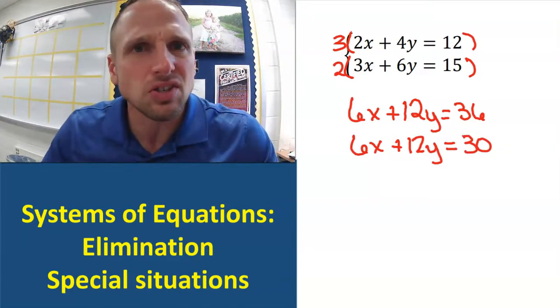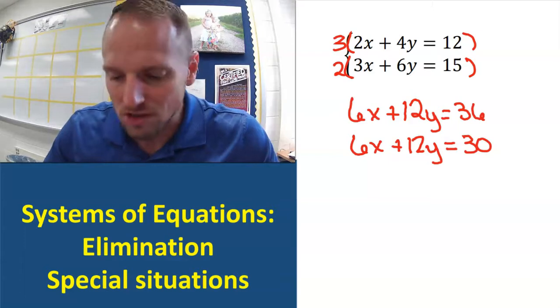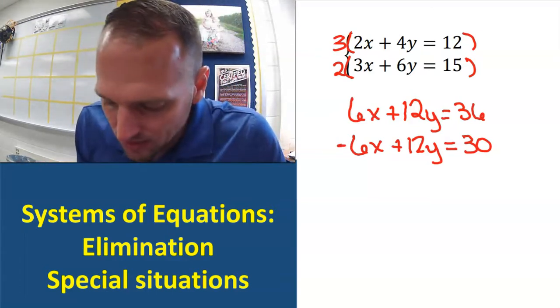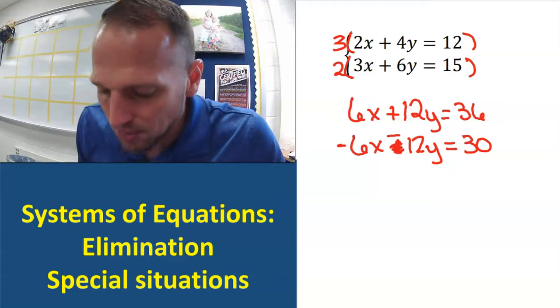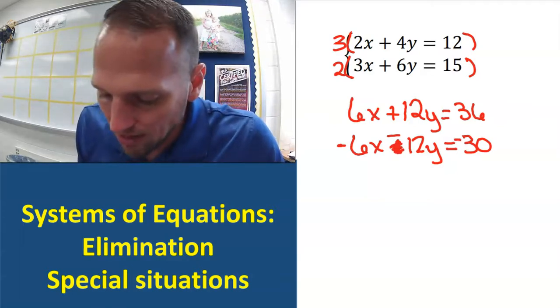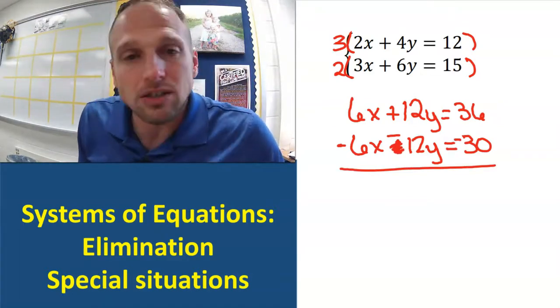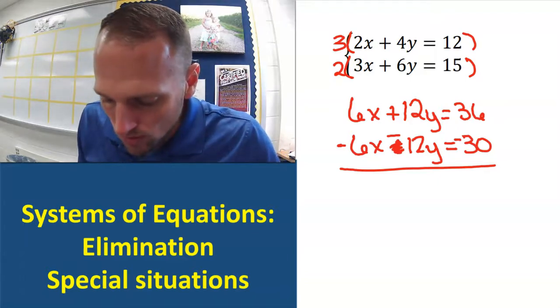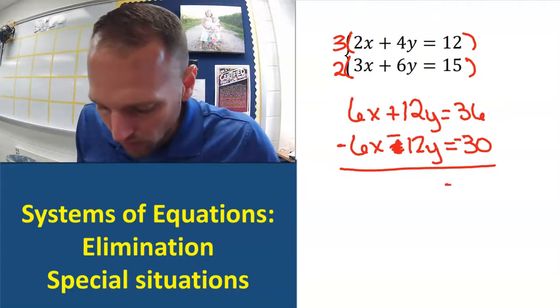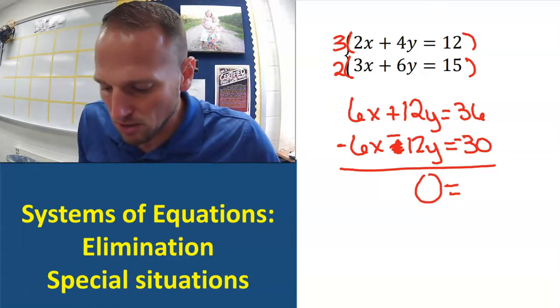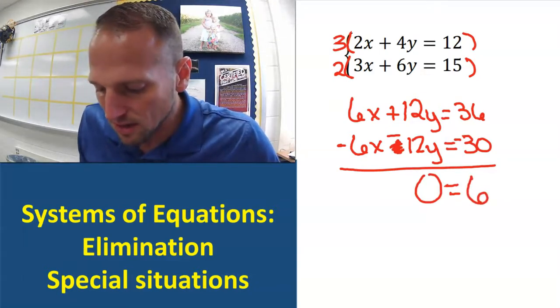They're both positive 6, so I need to change the signs on one. I'll change it on the bottom. Negative 6x, that's going to become a negative 12y and a negative 30. 6x minus 6x is 0. 12y minus 12y is 0 again, and 36 minus 30 is going to be 6.